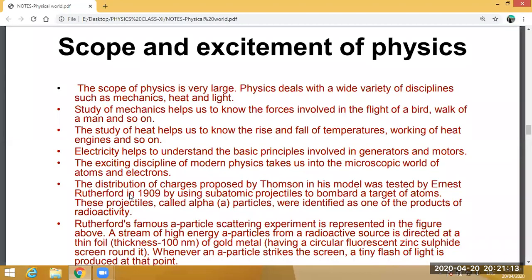The scope of physics is very large. Physics deals with a wide variety of disciplines such as mechanics, heat, and light. A study of mechanics helps us to know the force involved in the flight of a bird, the walk of a man, and so on. In class 9, you would have studied that anything at rest continues to be at rest, or anything moving uniformly will continue to move uniformly until and unless some external force acts on it.